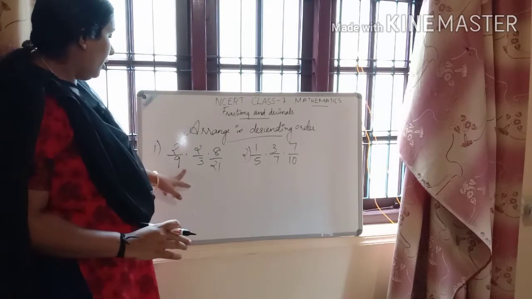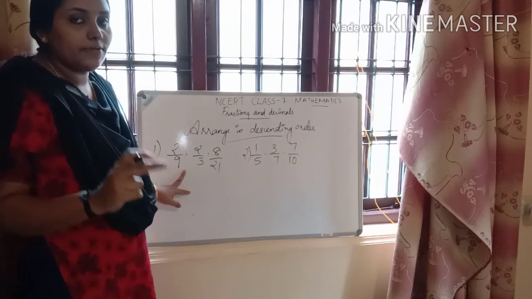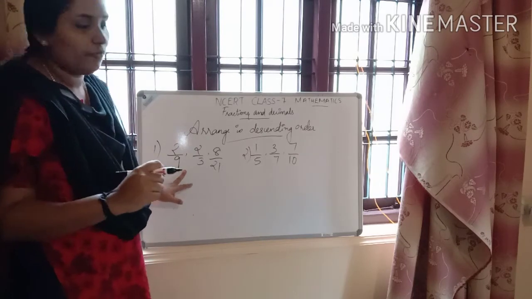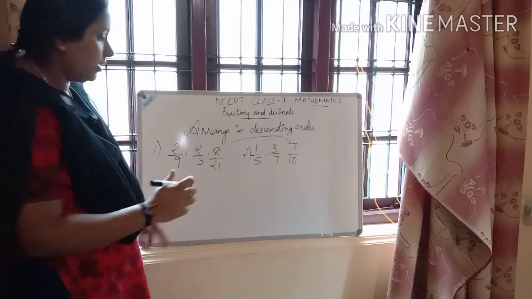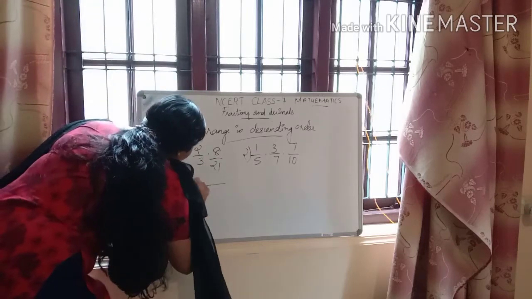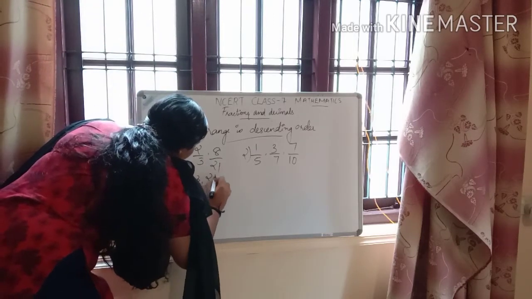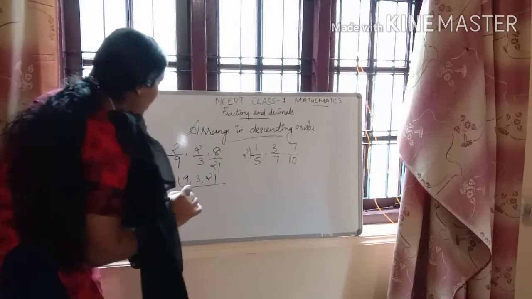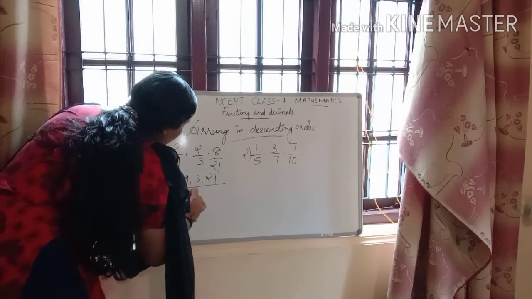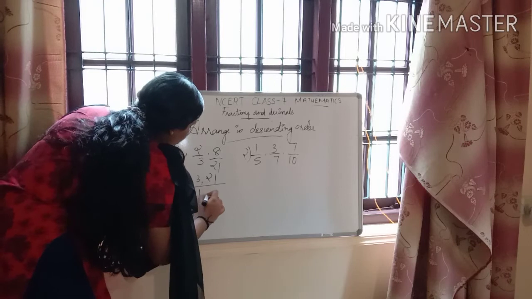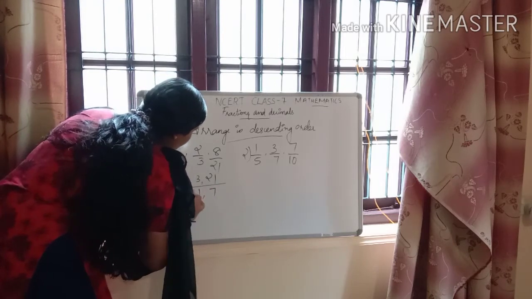In order to equalize the denominator, we have to find out the LCM for these 3 terms. See, 9, 3, 21. The common factor is 3. 9 by 3 is 3. 21 by 3 is 7.